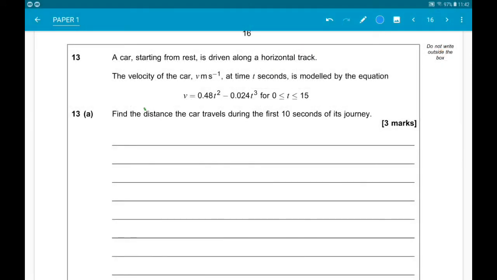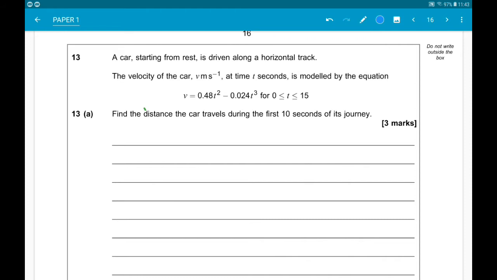Okay, number 13. A car starting from rest is driven along a horizontal track. The velocity of the car, v meters per second, at time t seconds, is modelled by the equation v is equal to 0.48 t squared minus 0.024 t cubed for t between 0 and 15.